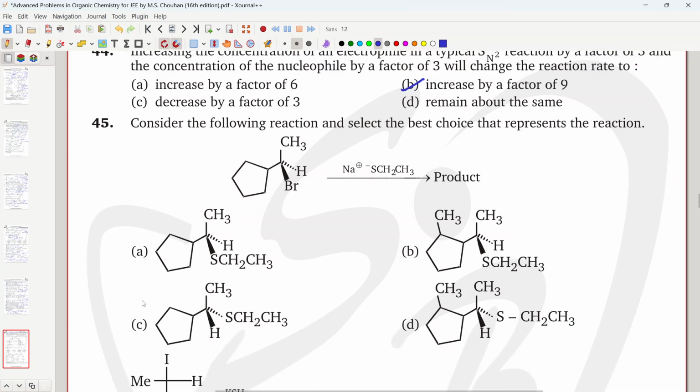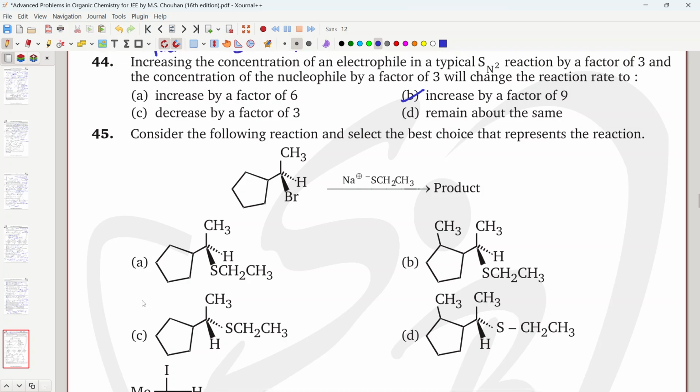Now question number 45. The reagent is NaSCH2CH3. This is a strong nucleophile and weak base, so the reaction undergoes SN2.